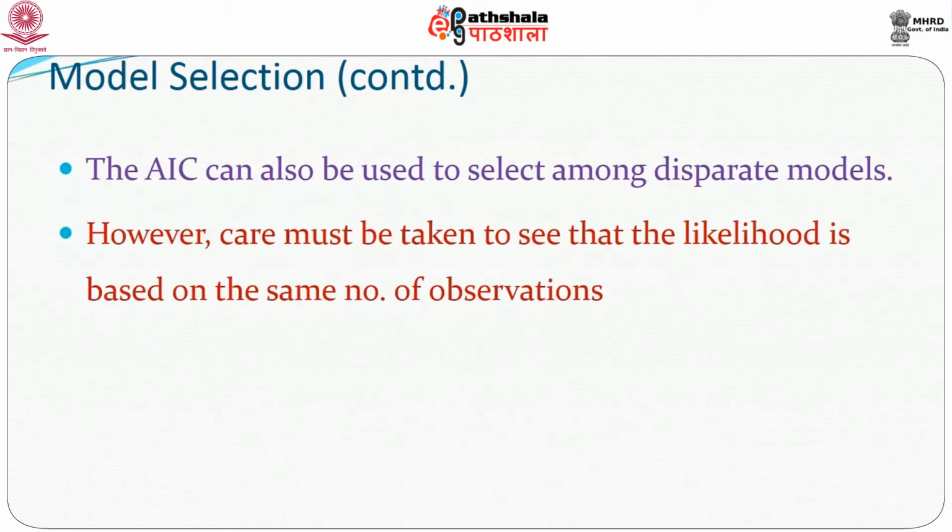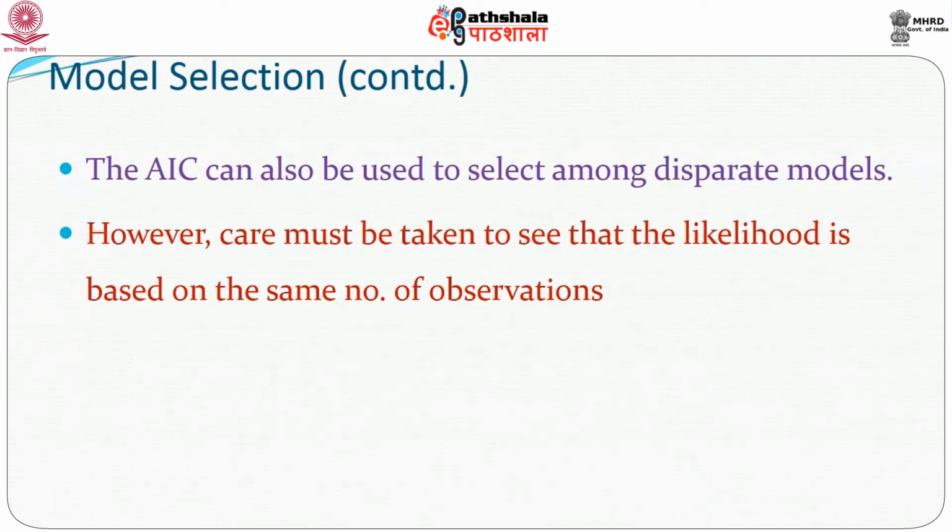However, you should be careful that the likelihood in each of these cases is based on the same number of observations. This is because if you have a model which is AR(p), then you have to discard p of the observations before you can fit the model.